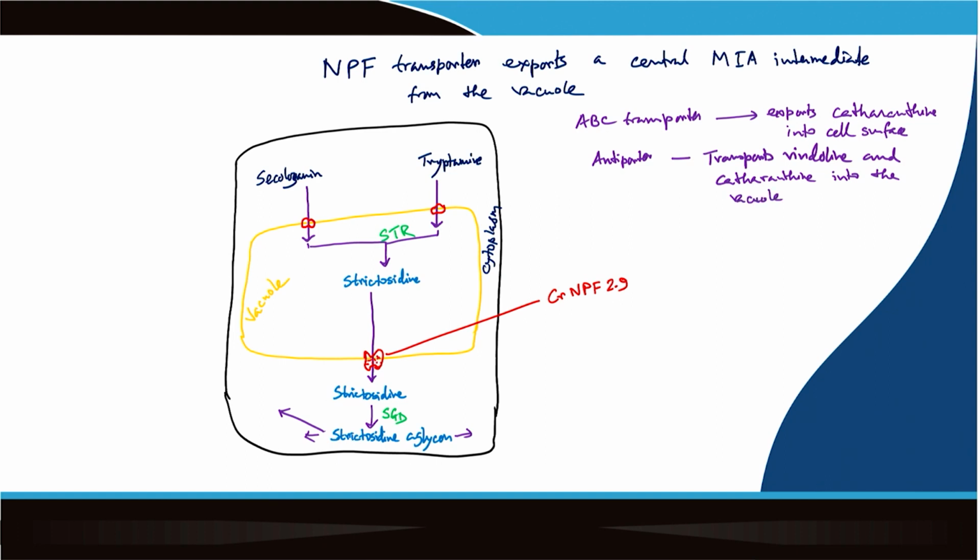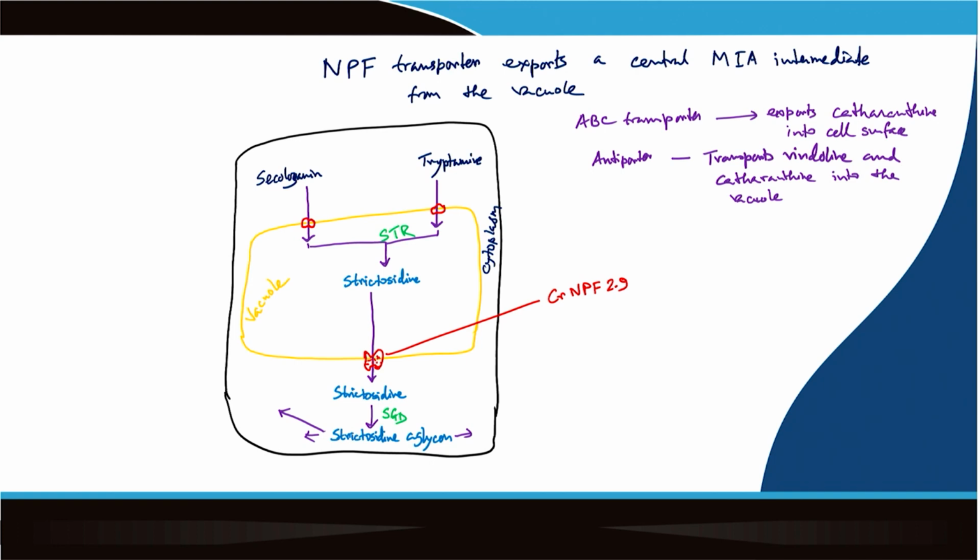for subsequent conversion. Now, how they have checked the function, that is very interesting. When they characterized this transporter, that is when they had the gene, they silenced this.